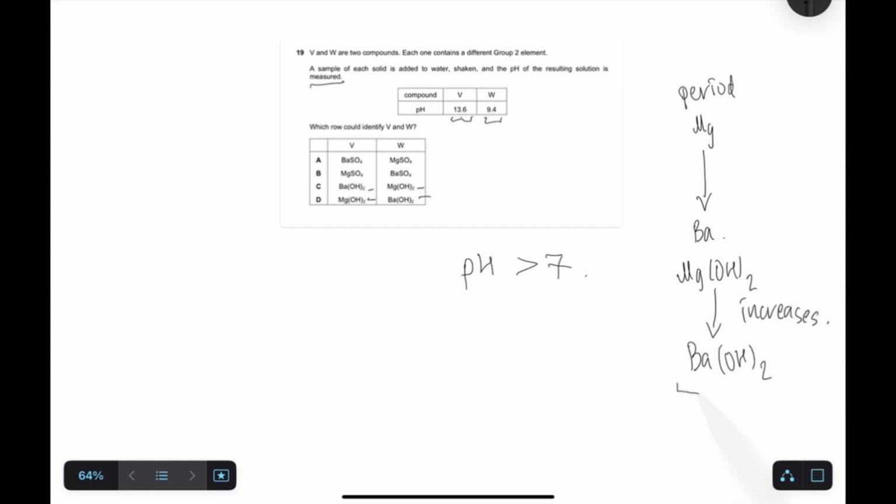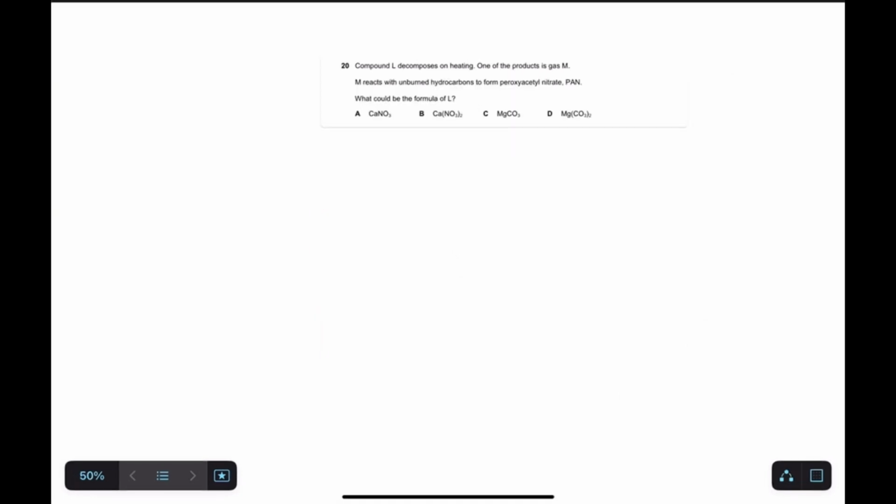So barium hydroxide solubility is higher than magnesium hydroxide in water. Therefore, it forms a higher pH in water. Therefore, V is barium hydroxide and W is magnesium hydroxide. And the answer is C.